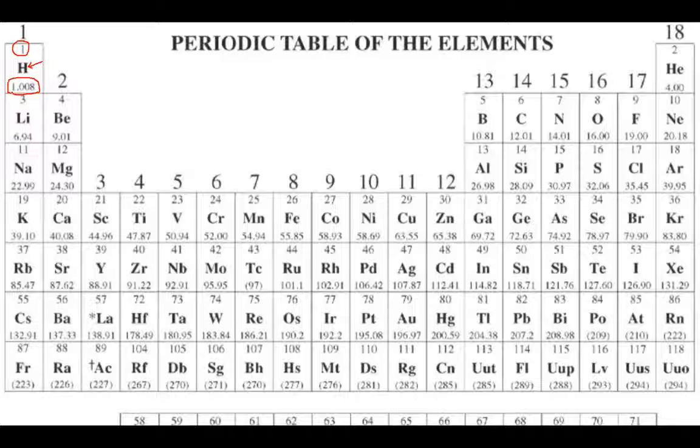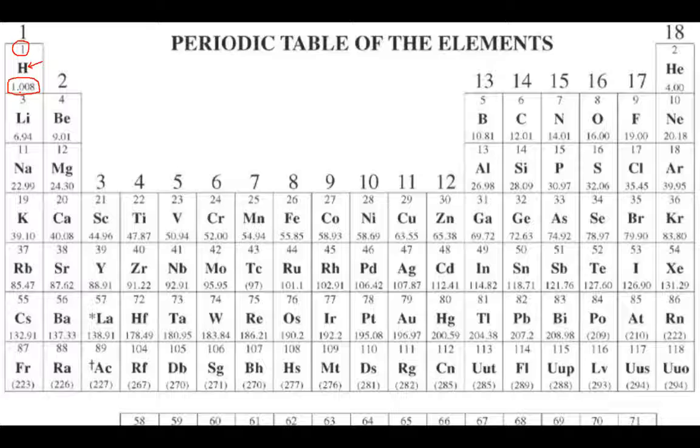Most hydrogen atoms have 1 proton and no neutrons, but there are a few isotopes of hydrogen. One isotope has 1 proton and 1 neutron, therefore having a mass of 2. So there are some hydrogen atoms that actually have a mass of 2 AMU, but most hydrogen atoms have a mass of 1 AMU. And there's even a few that have a mass of 3 AMU, that have 1 proton and 2 neutrons.